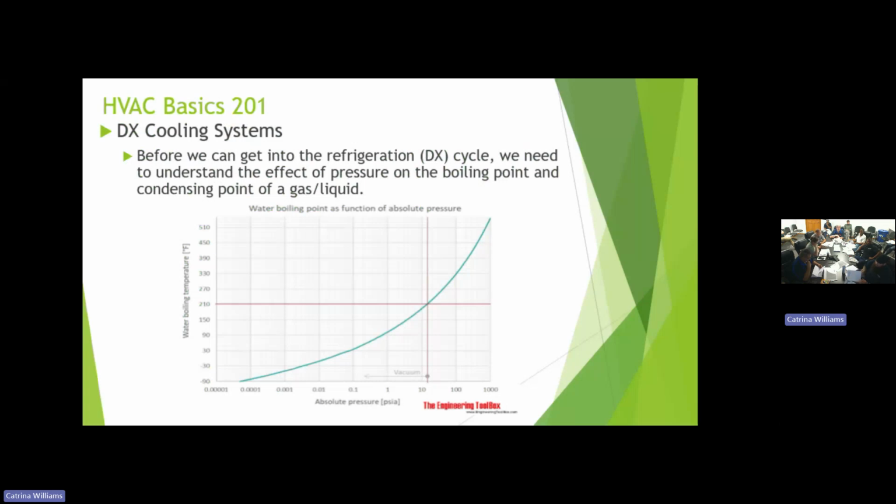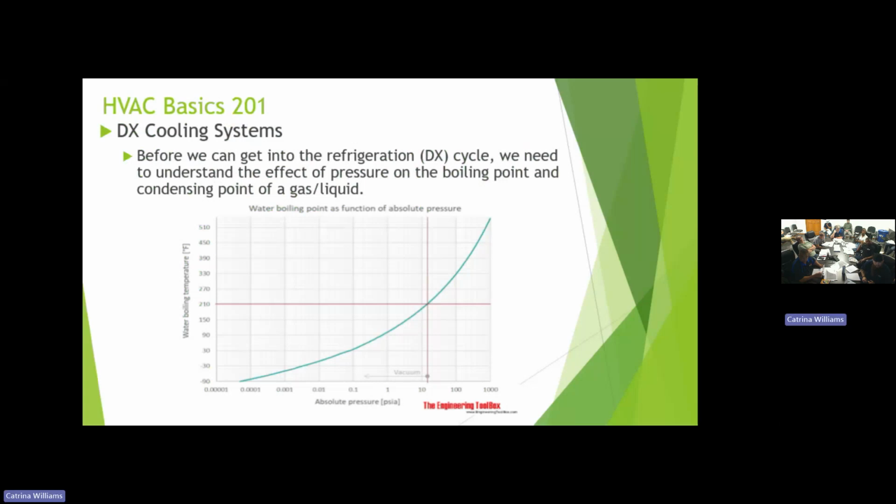All right, we're going to touch on some DX systems. First thing you want to point out is you need to understand the effect of pressure on the boiling point and condensing point of a gas or liquid. This shows the boiling point of water. We all know that atmospheric pressure is 14.7 psi, and at 212 degrees, water's going to boil.